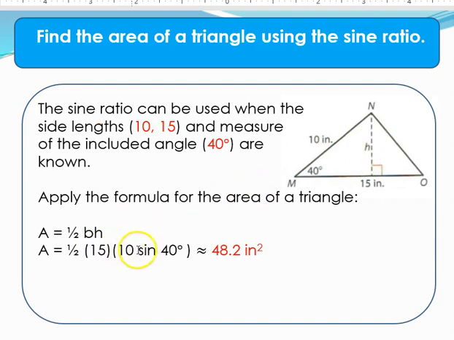So the height is 10 sine 40, which will equal approximately 48.2 inches squared. So when we first began this unit, I told you if you have missing lengths, we can use trig ratios to find missing sides also.